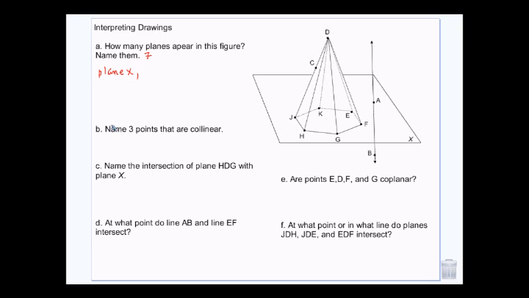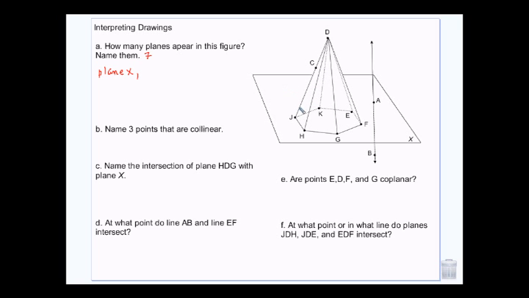There's 7? 7. We have the 6 sides of the pyramid, and then the plane that it's sitting on top of. And the base of the pyramid is part of the plane that it's sitting on, so we don't have to count that. So we have plane X, that's this big parallelogram plane. You don't count that plane because it's already sitting, because if it's intersecting, it's part of the same plane. And then we have each side.